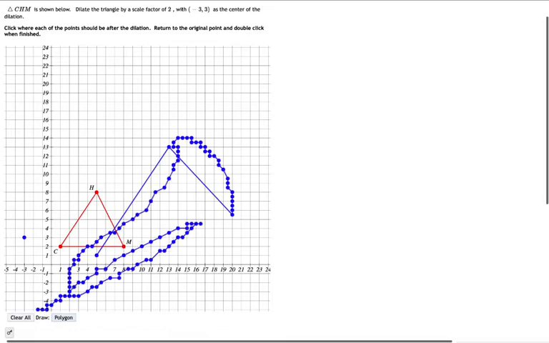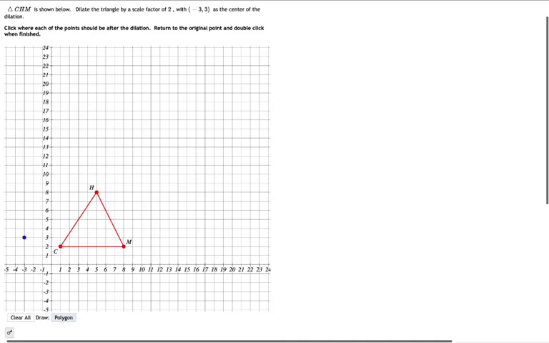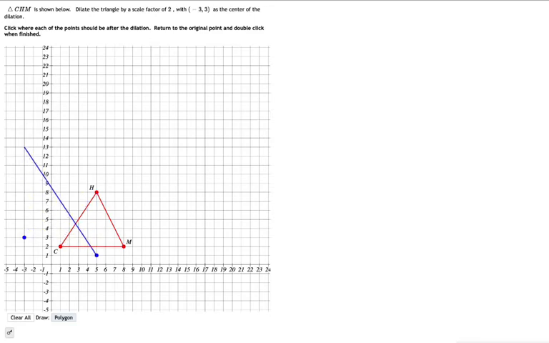I'm not really sure what happened there, so let me go again. Down 2, right 8. There's C prime. Up 5, right 8, so up 10, right 16.